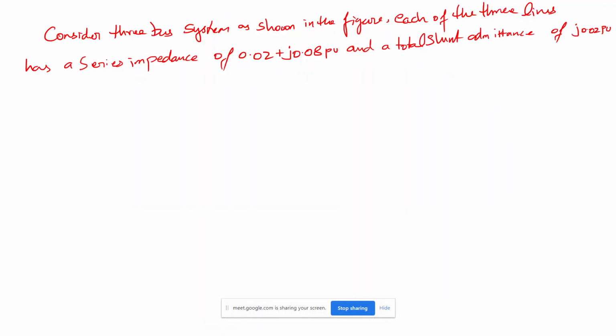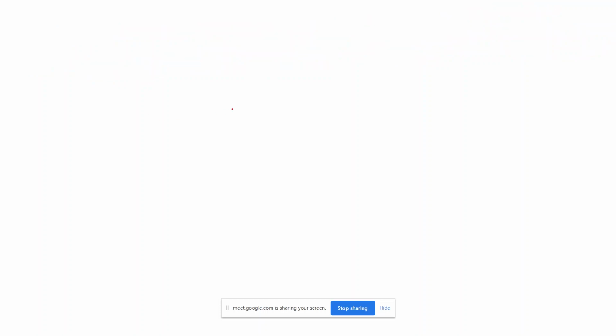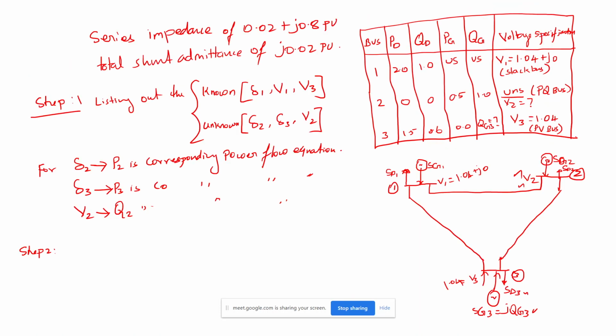what they have given: there is a series impedance of 0.02 plus J0.08 per unit, and a total shunt admittance, right? So from the question what we have observed is, just a minute, I will write down the question.